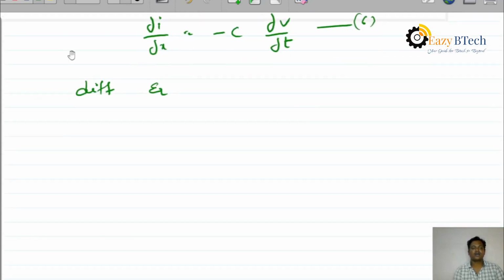Differentiate equation 5 with respect to x and equation 6 with respect to t.